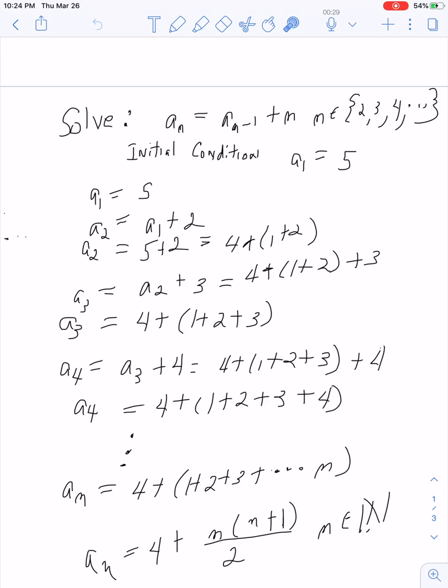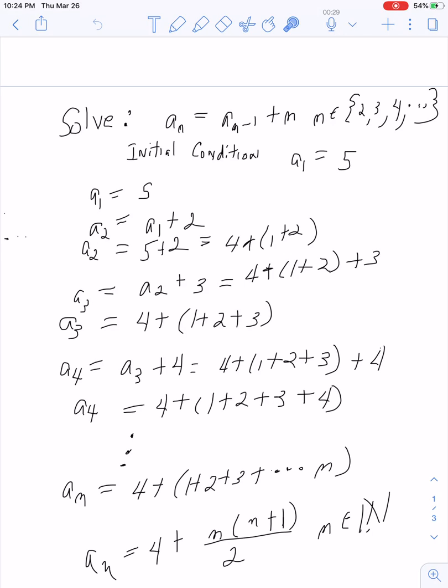Now, according to the recurrence relation, a sub 2, if you look up here at this formula, a sub 2 is a sub 1 add 2. So I'm plugging into the formula for n equals 2. Now, since a sub 1 is 5, a sub 2 is 5 add 2.